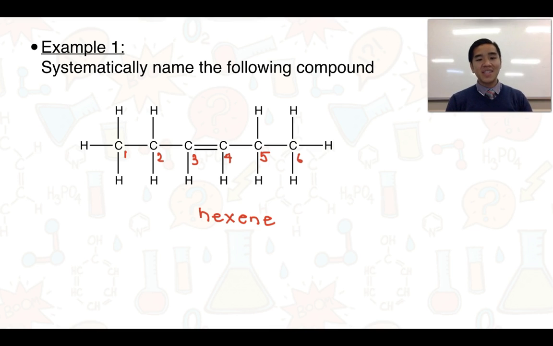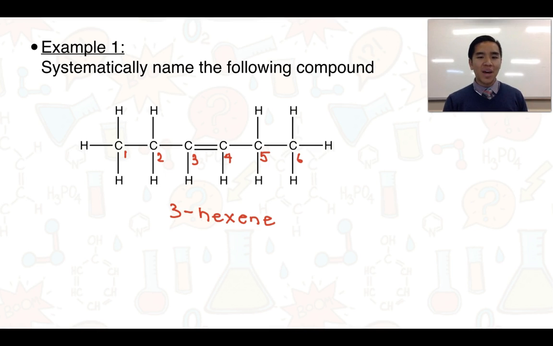What we see is that this carbon-to-carbon double bond actually exists between carbons 3 and 4. So we just take the lowest number carbon that it's bonded to, and that helps us indicate what type of hexene it is. So we say it's a 3-hexene.